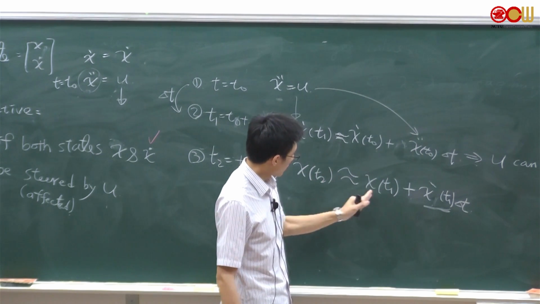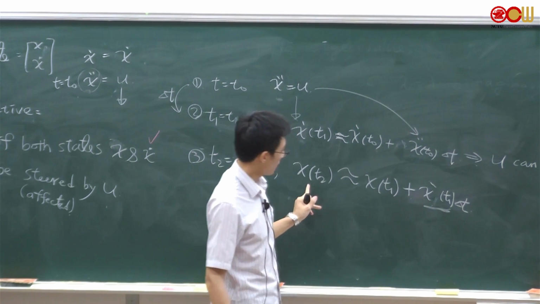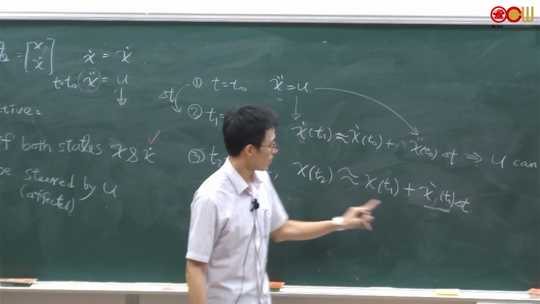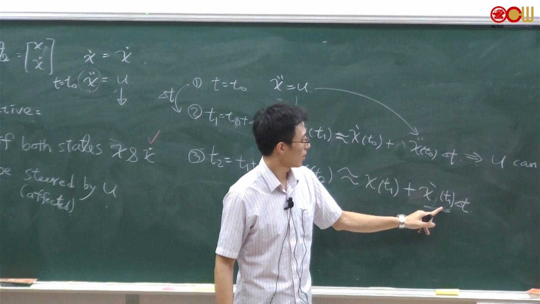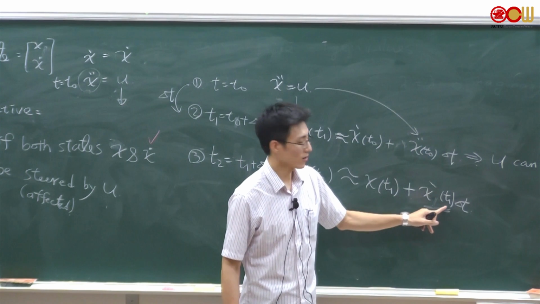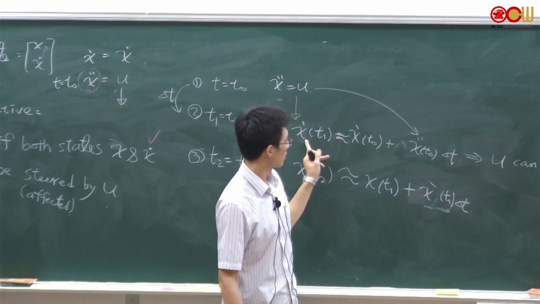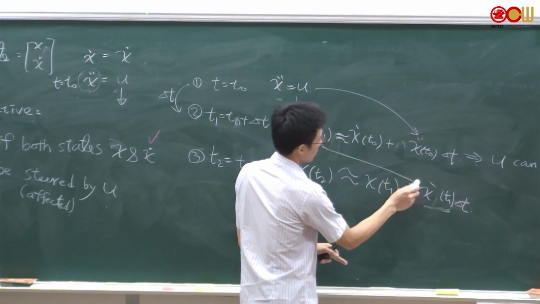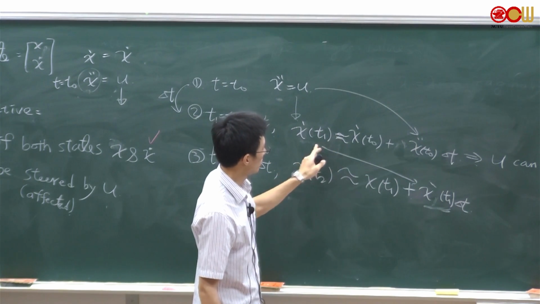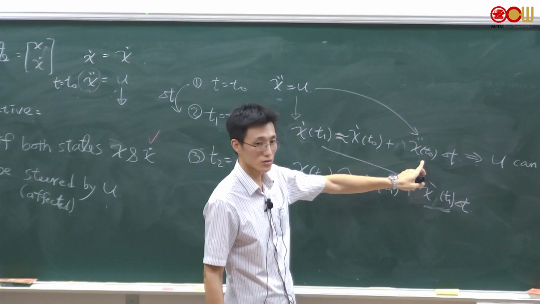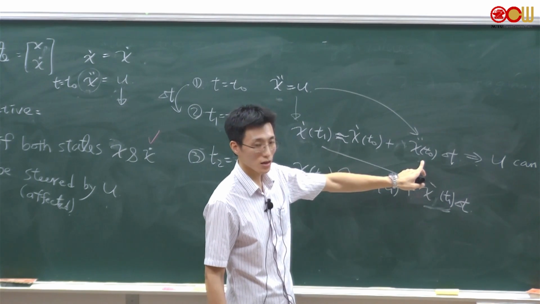So if these two are different, that means that the state can be changed, if only if you have non-zero velocity, right? But how did this non-zero velocity come from? It comes from here. So this can be changed from here to here if only if the acceleration is not 0, right?